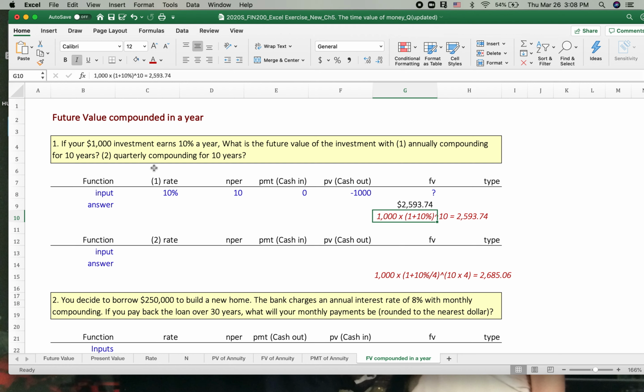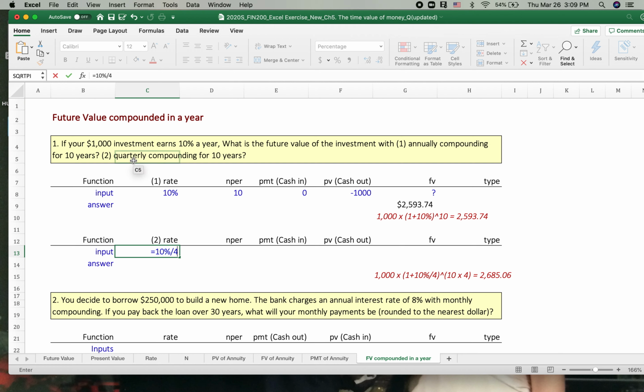Now, we have a different case to compare the future value, 2,593. The quarterly compounding for 10 years. In this case, we have to divide this 10% by 4, because quarterly compounding means 10% divided by 4, so a 2.5% quarterly rate is now compounded 4 times a year.